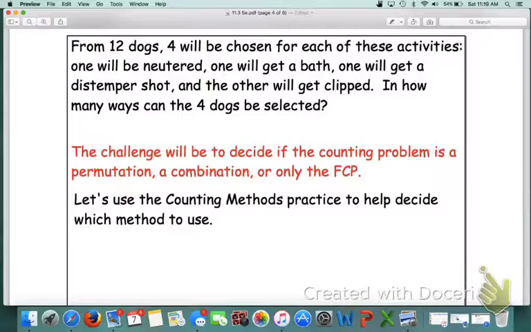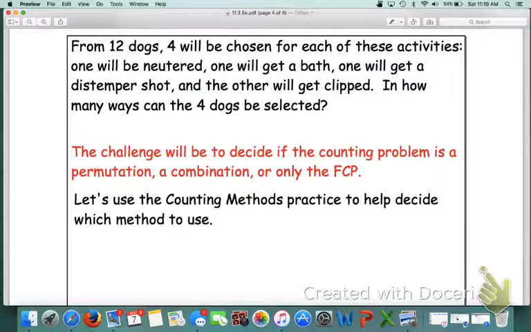Let's look at another dog selection problem that is going to give us a little bit of a different scenario. This says that from 12 dogs, 4 will be chosen for each of these activities. 1 will be neutered, 1 will get a bath, 1 will get a distemper shot, and the other will get clipped. In how many ways can the 4 dogs be selected? So in the previous dog problem where we talked about bringing 6 of them to the nursing home, all 6 of those dogs were doing the same activity.